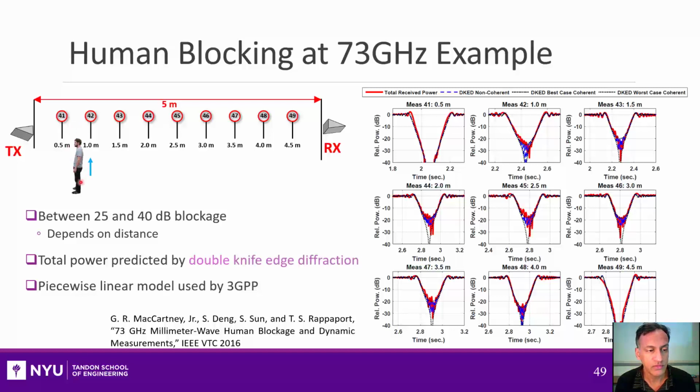In this case, the graduate student, George McCartney, was walking between a transmitter and receiver at different distances between the transmitter and receiver. And as he was walking, he recorded the signal strength, and you can see again that in this case, the millimeter wave bands are not actually penetrating his body. There's very little penetration. So almost all the signals that you're seeing are actually diffractions around the body.